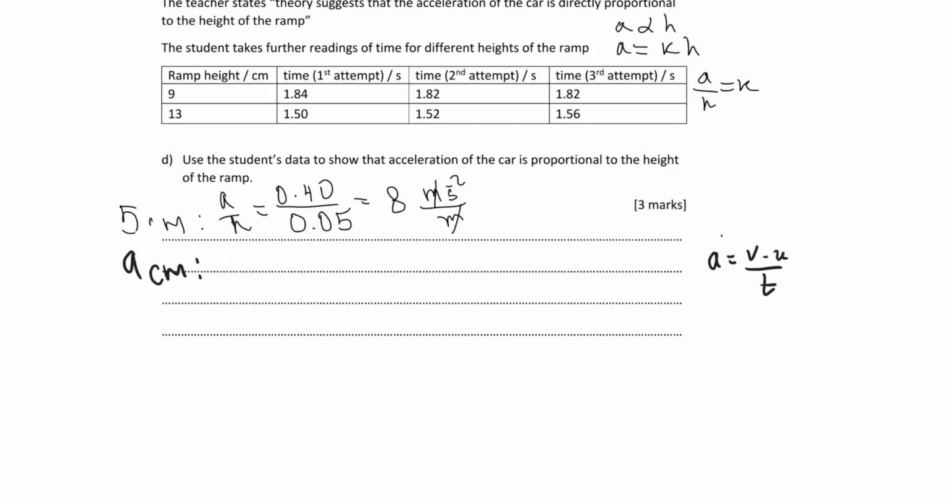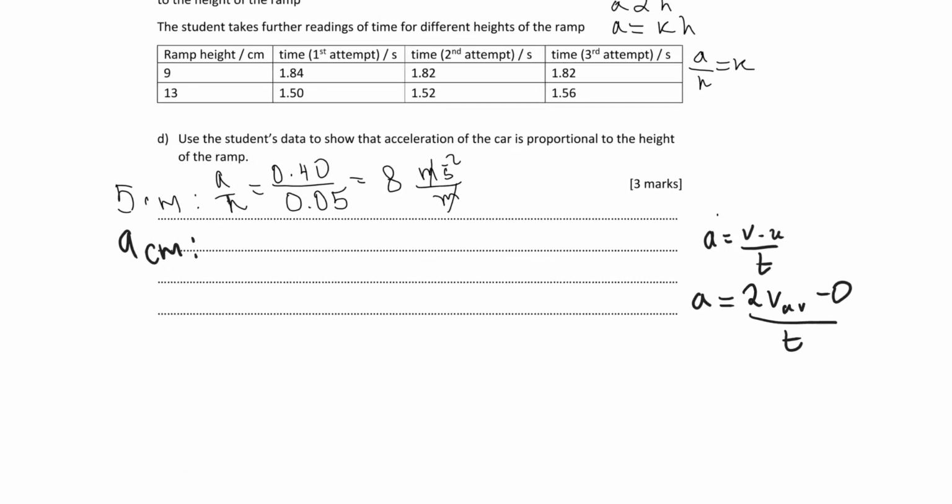Now what is the final speed? Well, the final speed is equal to twice the average speed. So let me write this as twice v average, and then the initial speed is u, divided by t. To figure out the acceleration, we're going to need the average speed.